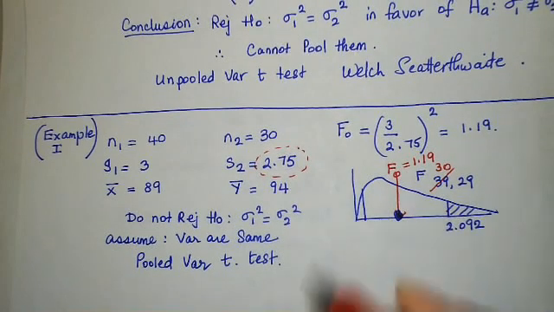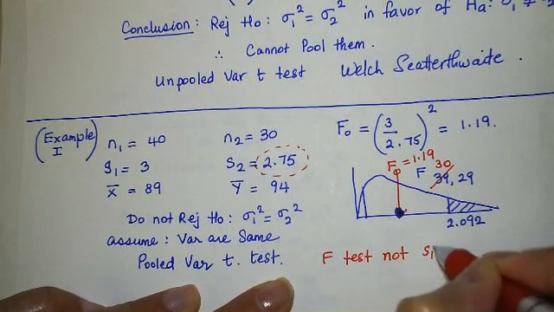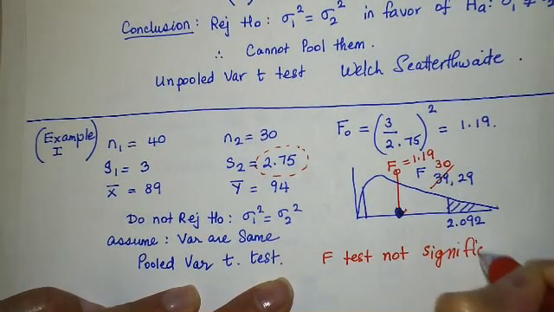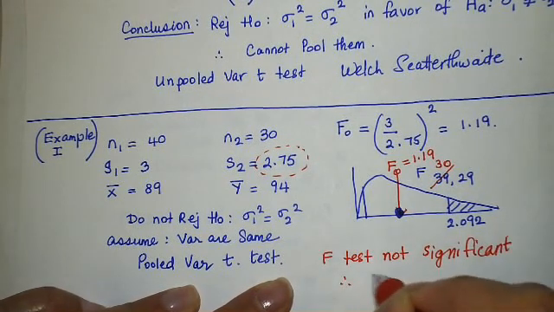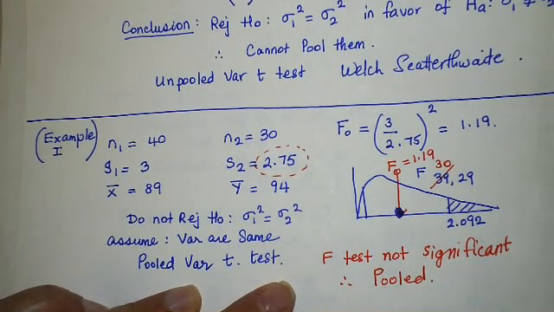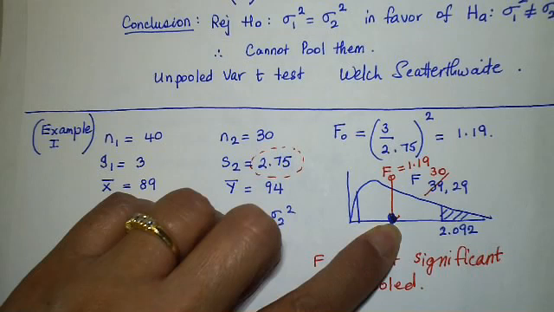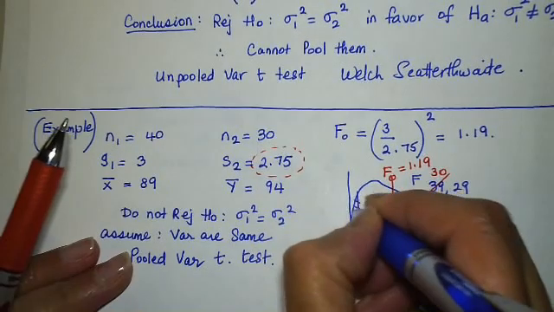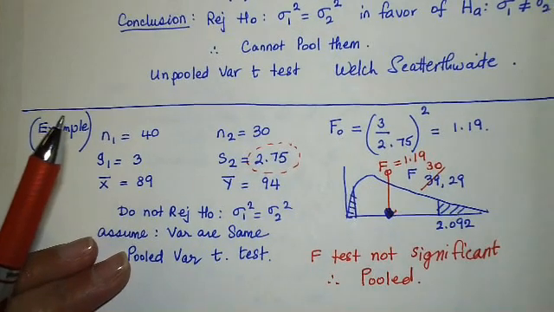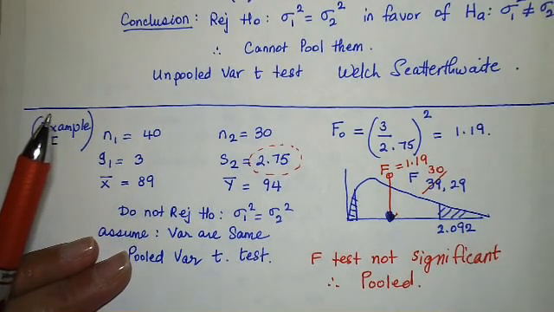Who's got questions? Of course, before all this, I would have to do an F-test, right? The F-test is always two-sided in our case for this class because we're testing to see if the variances are the same or not. And the F-test was not significant, right?